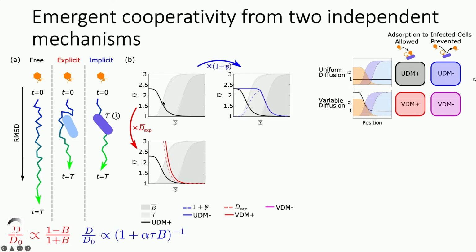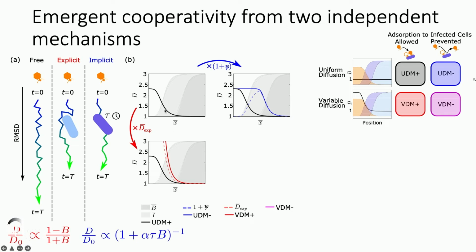If we go from the UDM plus model to the UDM minus model, what happens is that you're shifting this black line to the right. The reason is, if you think about this blue effect, this reduction in the absorption rate, it is due to the bacteria that are able to absorb the phage.